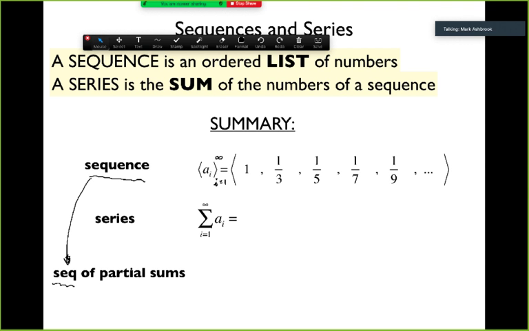Okay, so then we said a series is when? We said there were 2 ways to notate that. There was like the calculus way, the big boys way, right? So you use the summation symbol, i equals 1 to infinity, and then that's our formula for the ith term of the sequence. And then we said, but we know what that means. That means just add up all these terms.